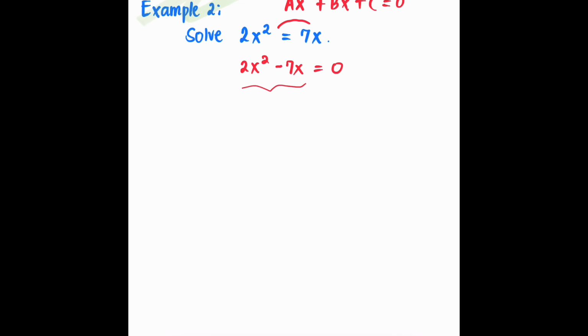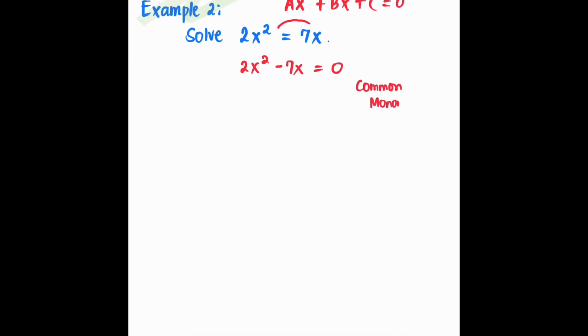And by looking at it, applying the factorization method, the steps to follow actually will be different from example 1. Because as you can see from here, we don't have the constant term, right? So that means that the factorization method that we will apply here is going to be the common monomial factoring, right?